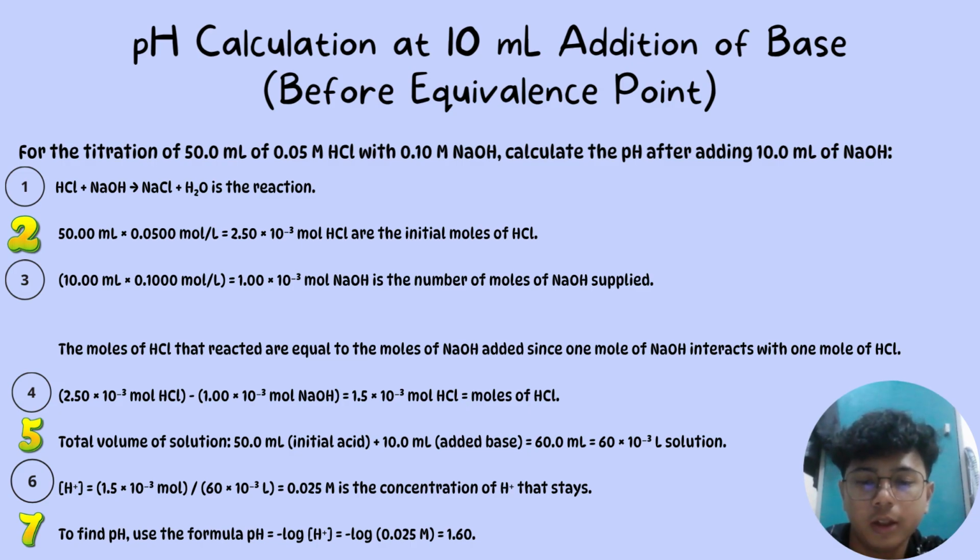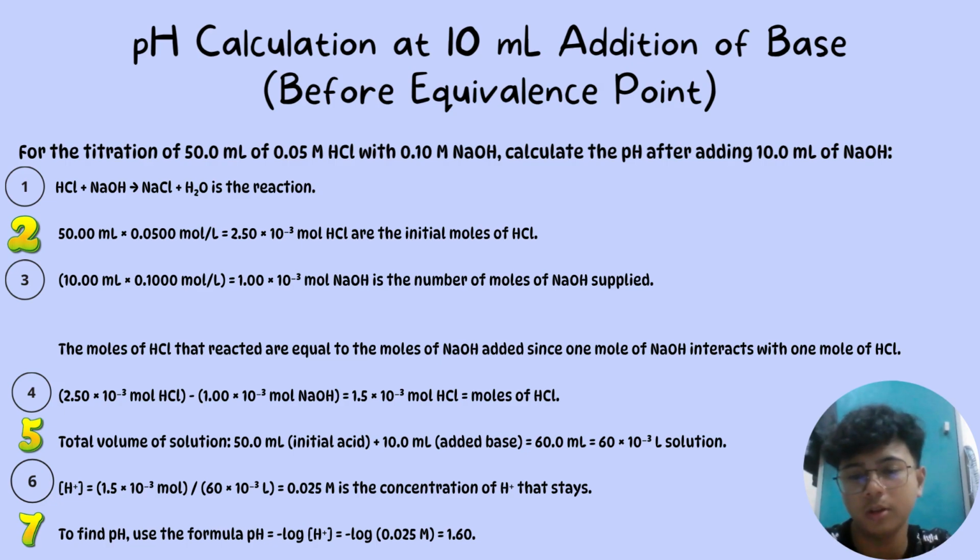Next, we find the concentration of hydrogen ion at that state. For hydrogen ion, we use the formula 1.5 × 10^-3 mole over 60 × 10^-3 liters. So we get 0.025 molarity.